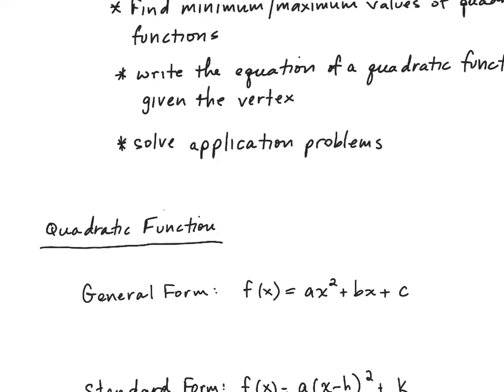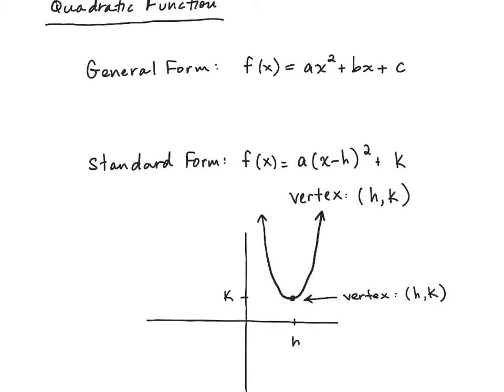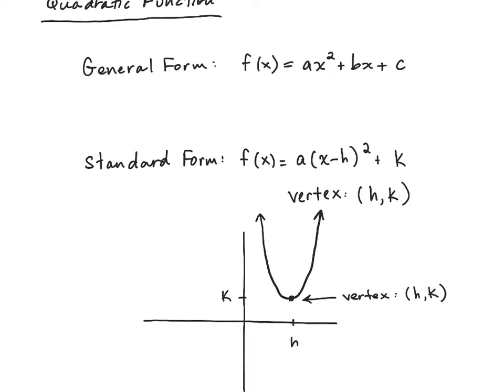So what we do is consider the quadratic function in what's called standard form. Standard form is also known as vertex form because of the vertex of the parabola, which, if you remember, is either the minimum value if it's facing up like this, or the maximum value if the parabola were facing upside down.